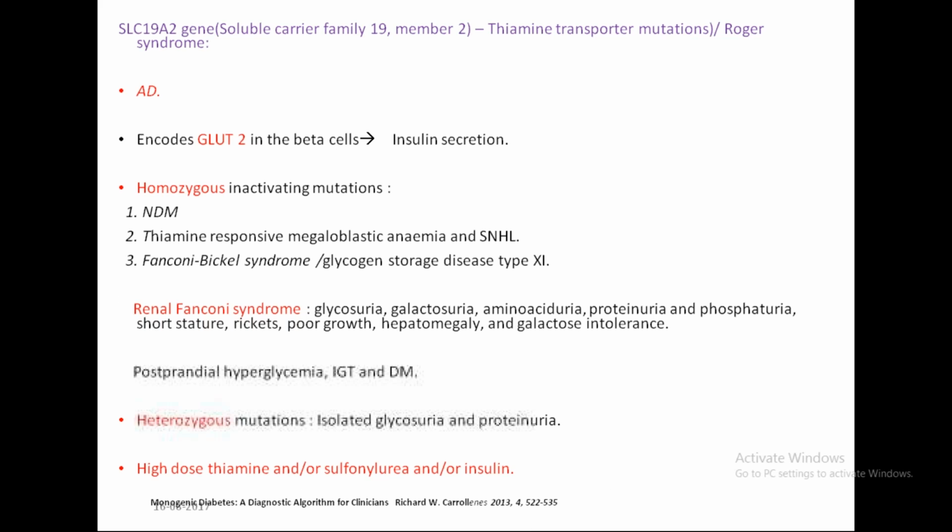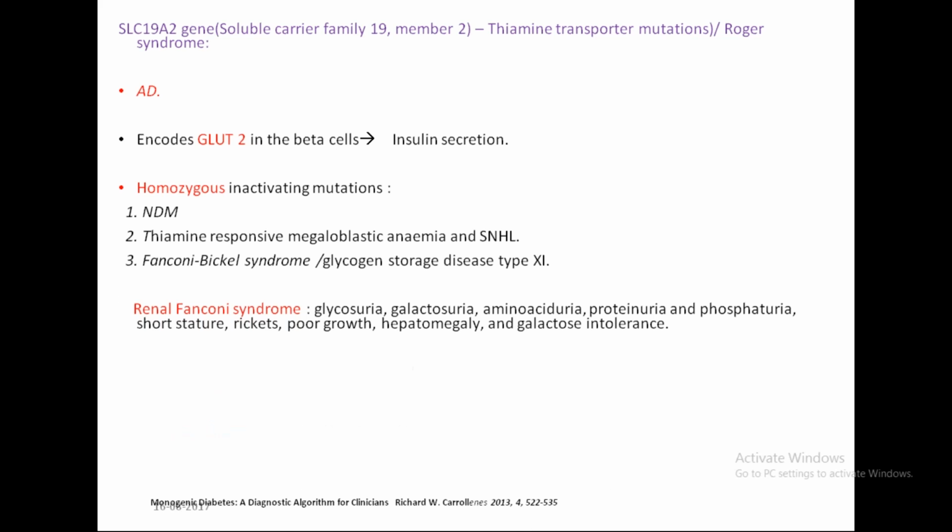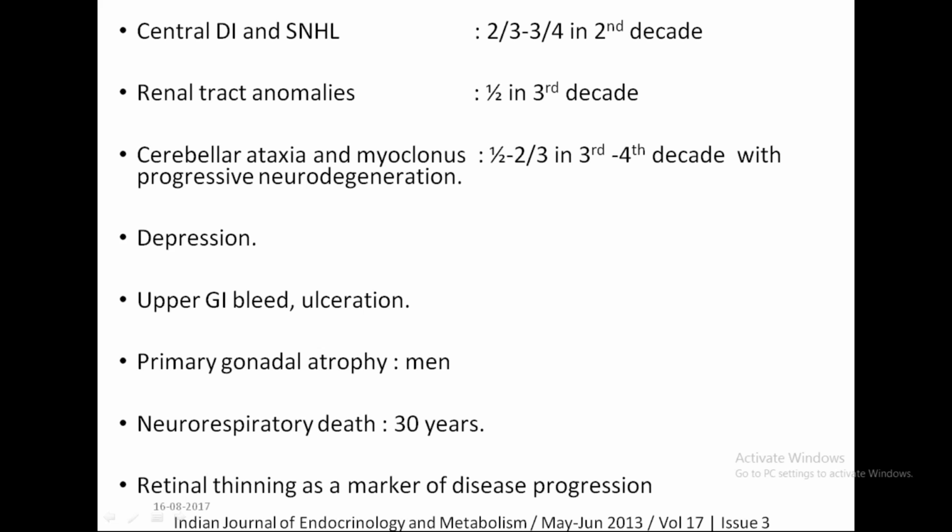In this case, you can find patients with diabetes insipidus, sensorineural hearing abnormalities, renal tract abnormalities, cerebellar ataxia, myoclonus, and depression. Upper GI bleeding and ulceration can occur, primary gonadal atrophy can be seen, and neurorespiratory death occurs by 30 years. Retinal thinning as a marker of disease progression can be identified.